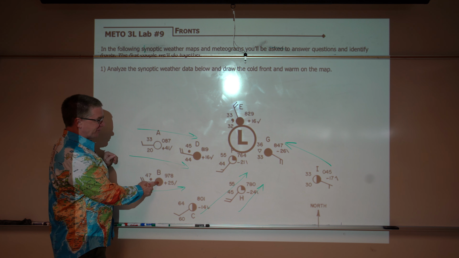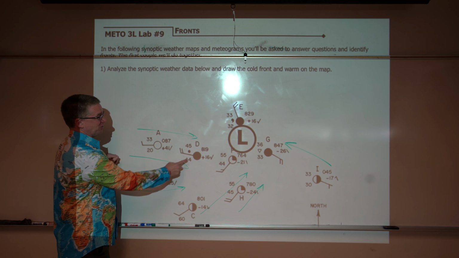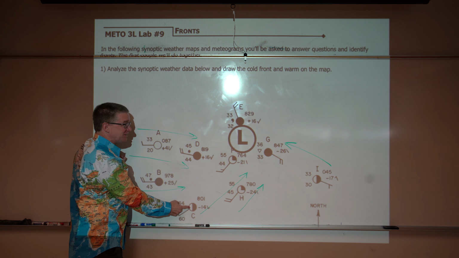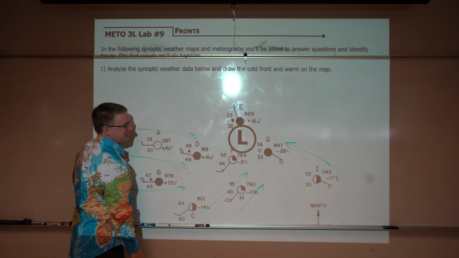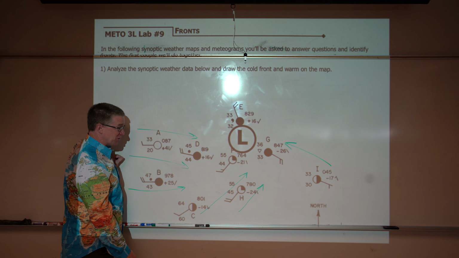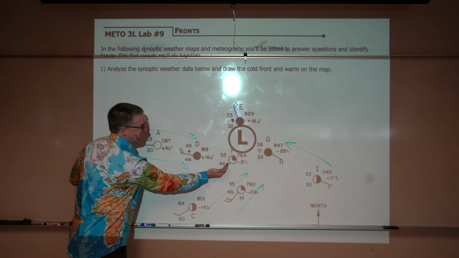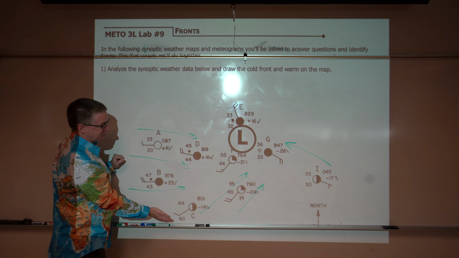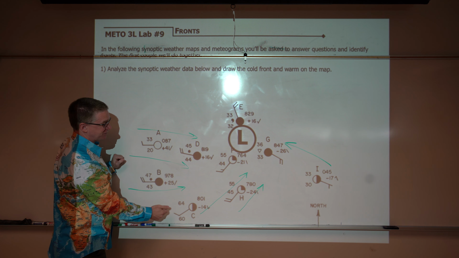I've got overcast skies here. I've got rain, overcast skies here, rain, partly cloudy here, 4/8 here, 2/8 here. All right, that's interesting to note. Distinct change in wind direction, almost a 90-degree change in wind direction from some of these locations. But again, changes in temperature as well.